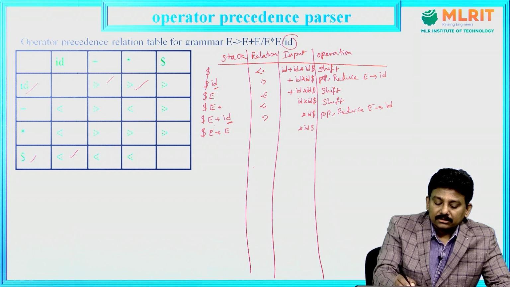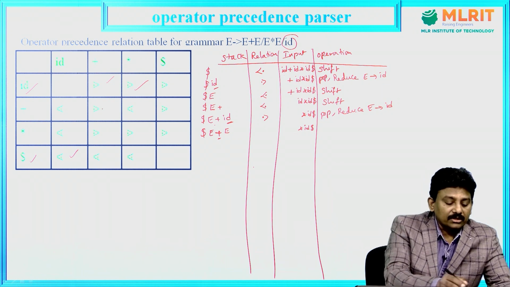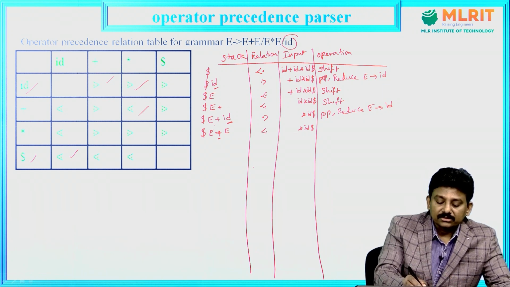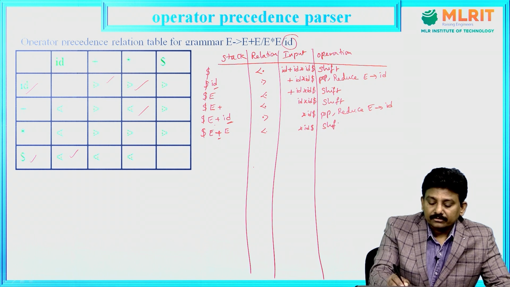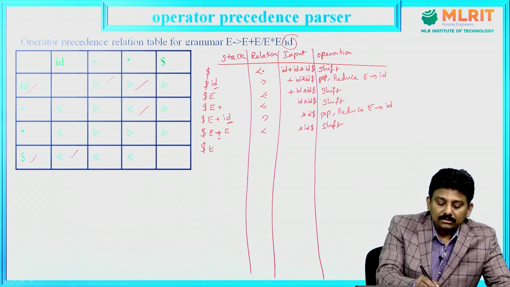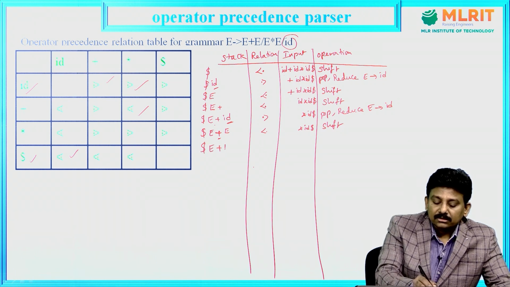Now E is a non-terminal, so we take plus and star; star has more precedence, so shift: dollar E plus E star ID.